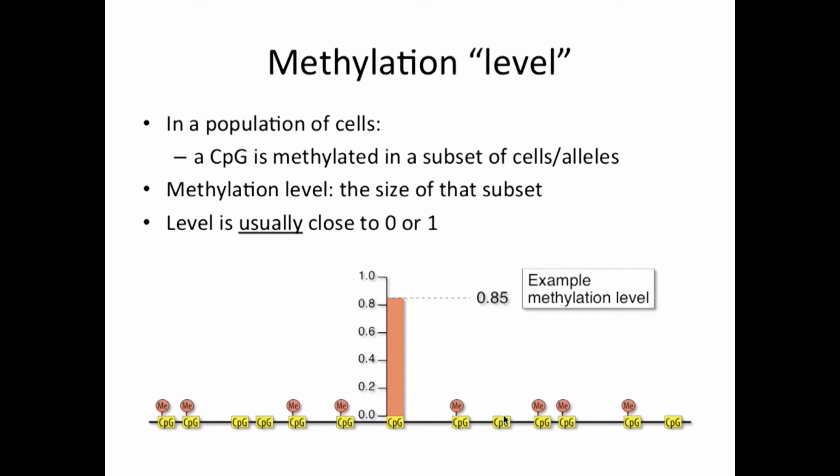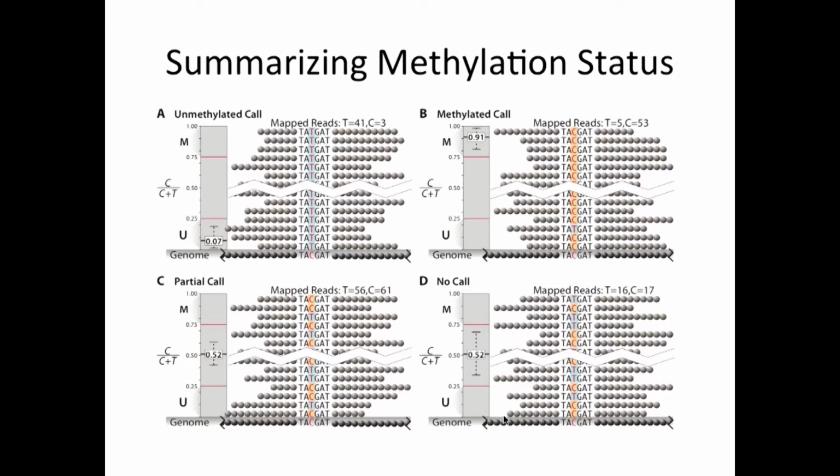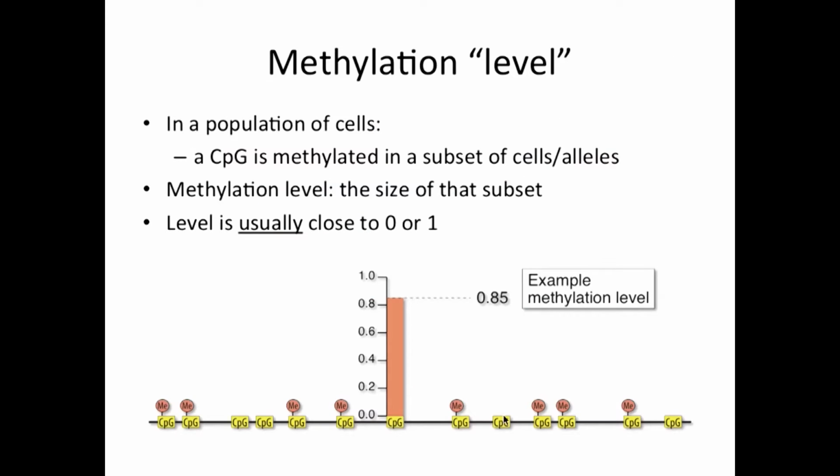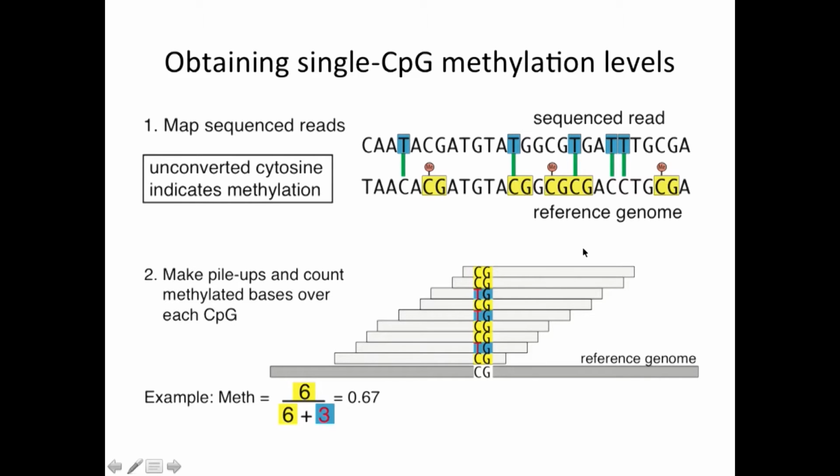I didn't explain that very well, but the idea is that if your reads pile up on the reference genome and you have different reads representing a CpG site, then you're counting the frequency of times that you see Cs versus the frequency of times you see Ts over the number of reads that you're looking at. That will give you a frequency of CpG methylation at that specific site.